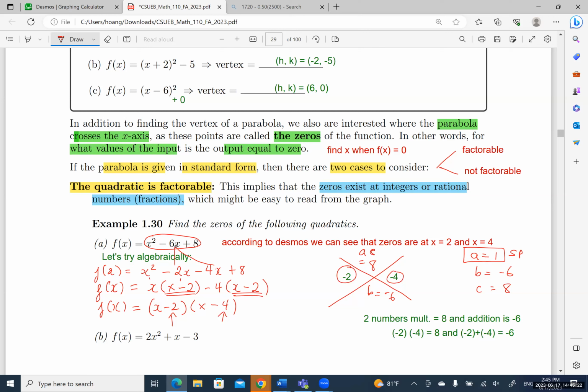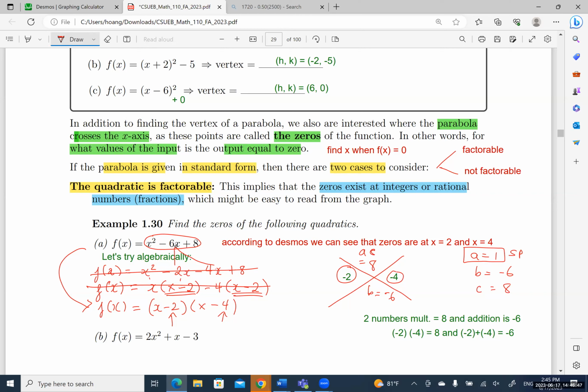Actually, we can skip some steps in here. I don't need this step, I don't even need this step. I can come right away to this step. After I got the two numbers by multiplication and addition, you can right away have x minus 2 times x minus 4 in factored form.